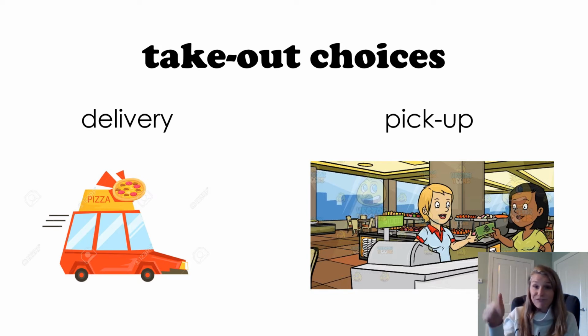But in this first video, you are going to learn all about the sequence of ordering takeout and what that means. You'll also learn how to pick and think about all the different menu items that you want to order and learn how to put it into one complete sentence in English. And in the next video, you will learn how to place that order on the phone with the restaurant that you choose.